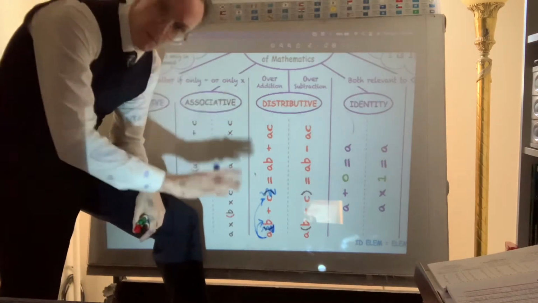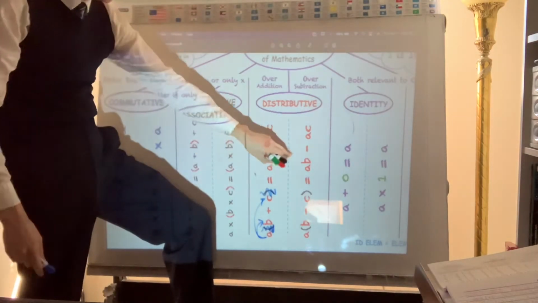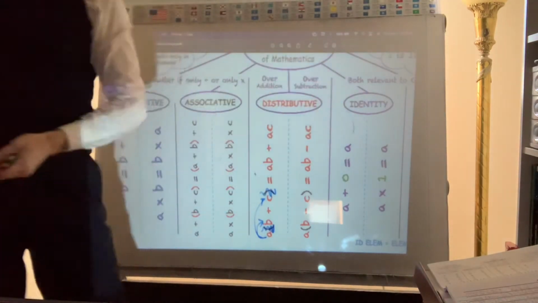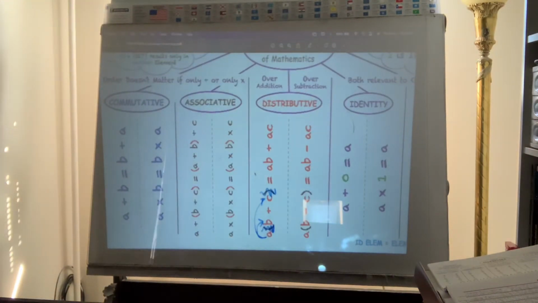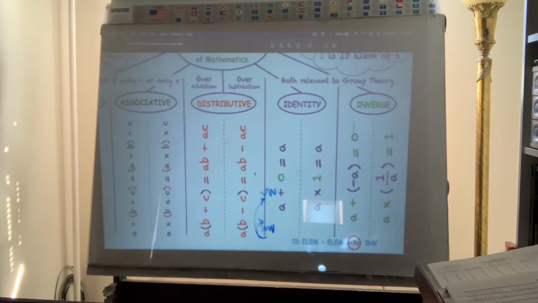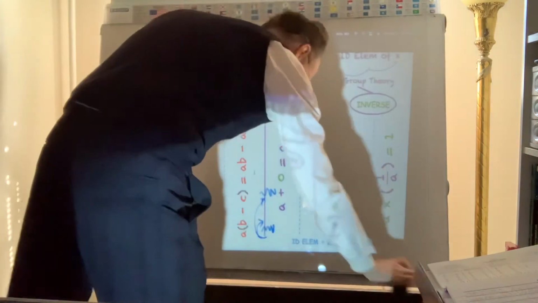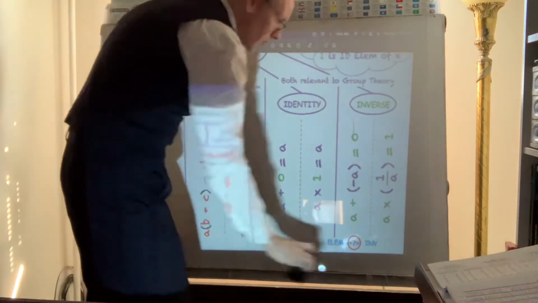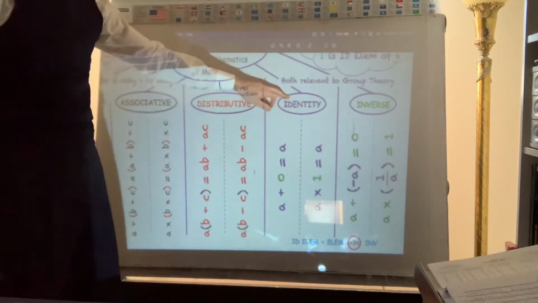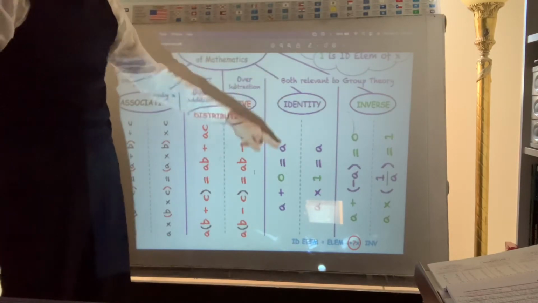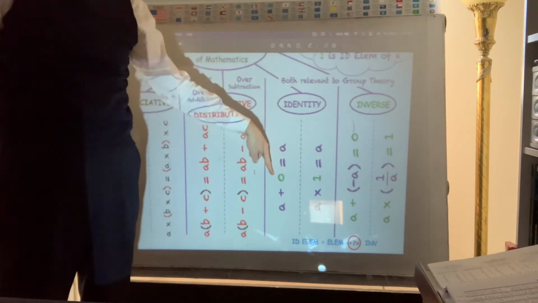What's probably going to be more relevant now than distributive property is these identities to bear in mind, all right? These are relevant to group theory, which is again why I'm bringing them up again, okay? There is the identity property of addition, which involves 0, right?